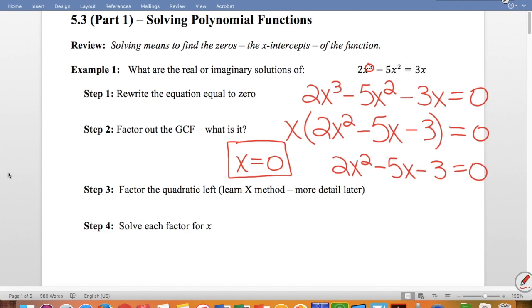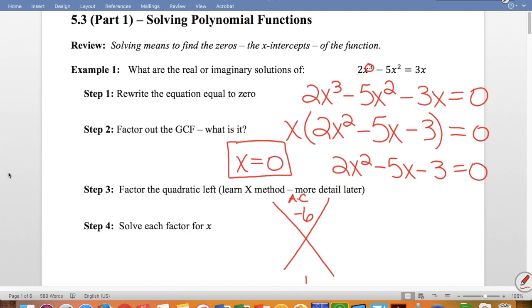I'm going to really quickly do this x method for factoring, and I will go into much more detail with steps on how to do it later in the notes. We're going to do a times c in the top part of my x. So 2 times negative 3 is negative 6.